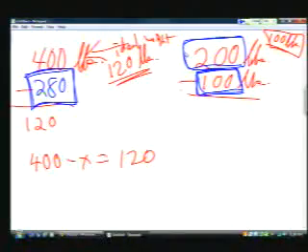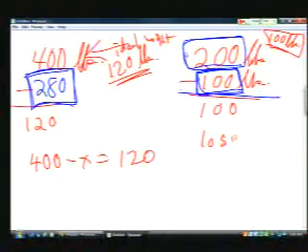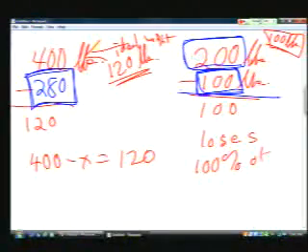Now, we've already figured this one out over here. This lady should lose 100 to be at her ideal weight. This lady loses 100% of the weight that she should lose.